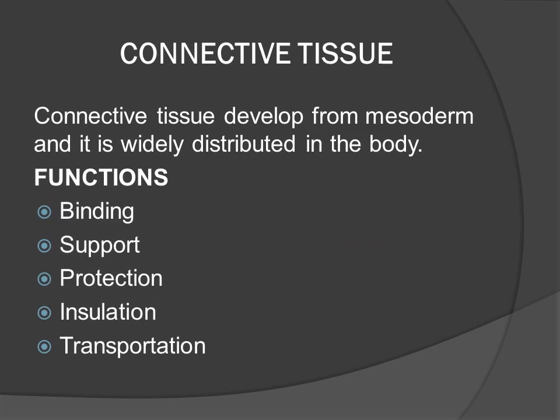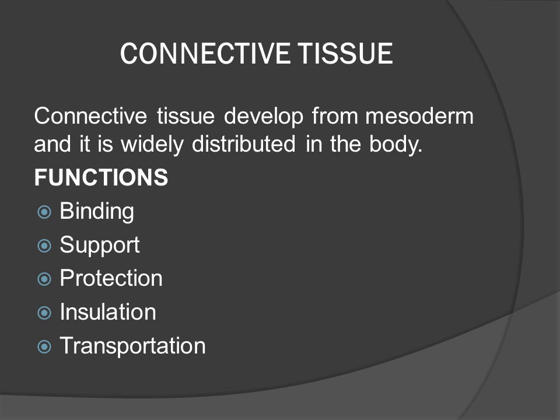First of all, let us see what connective tissue is. The word itself says connective tissue, meaning it is connecting the organs. Let us see where this connective tissue is derived from.